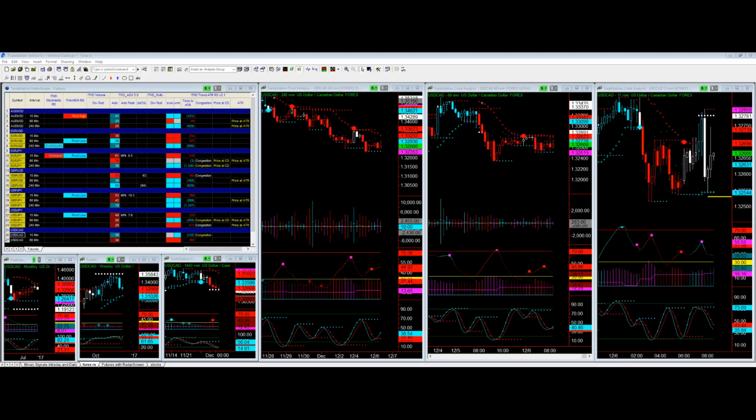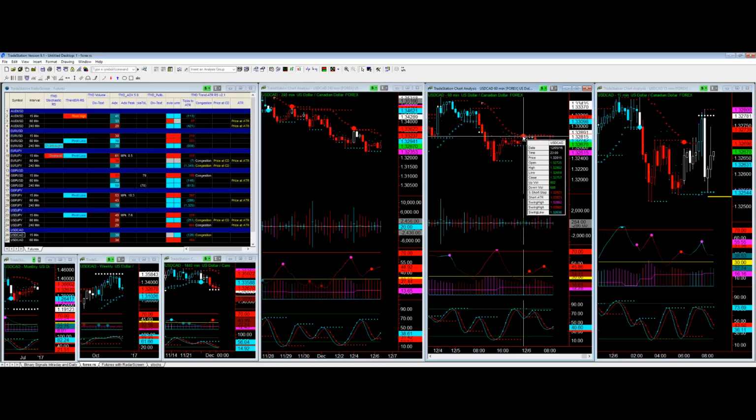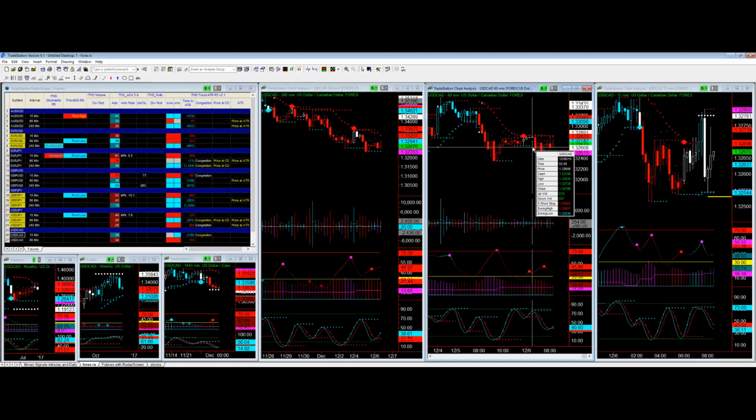Let me see what their strike width is. The strike width on the daily is 20 pips. So at this signal, which is at 32.81, you would have to come down to 32.60, which was here. It's all about the strike width on these.